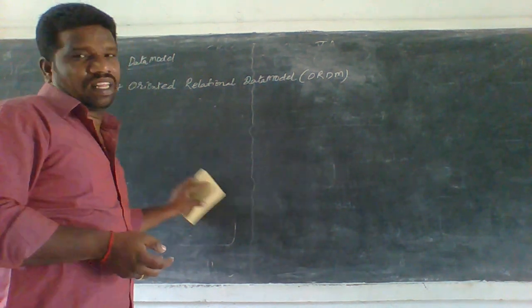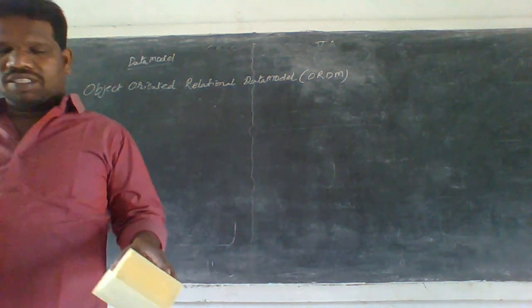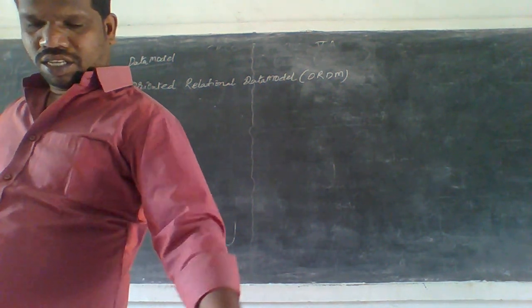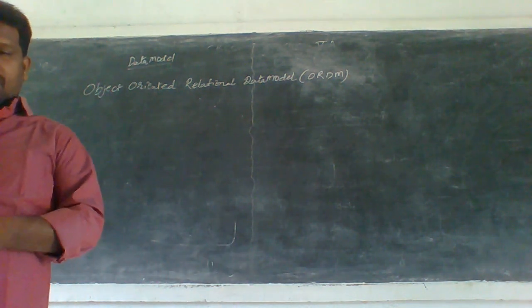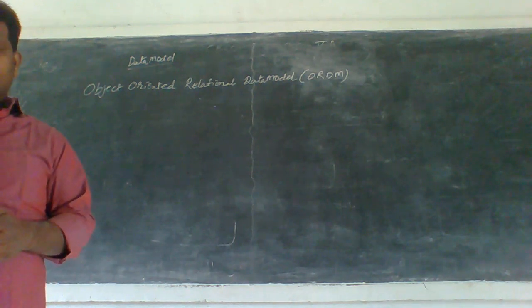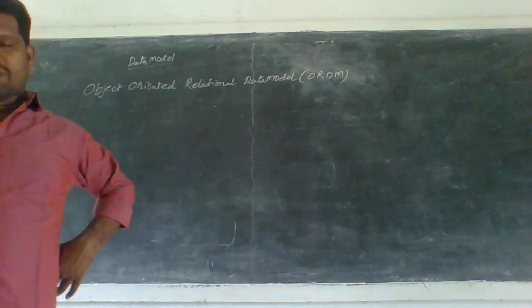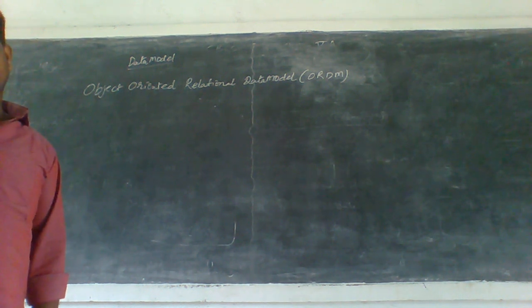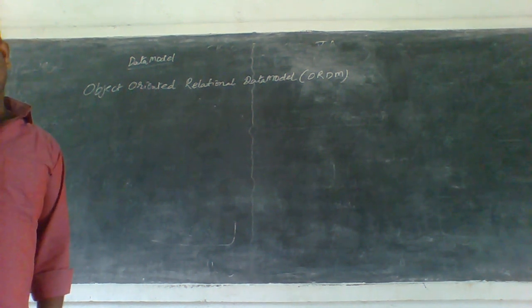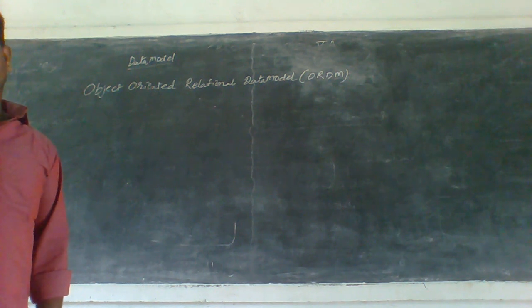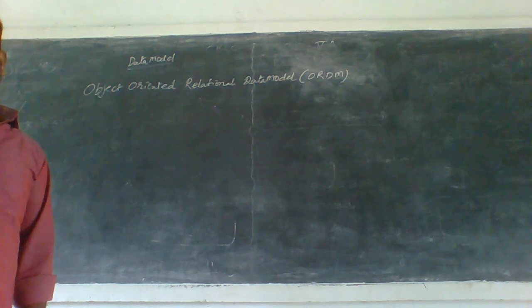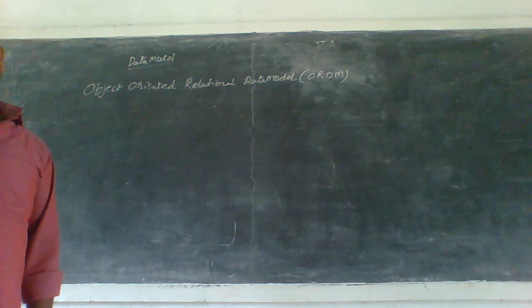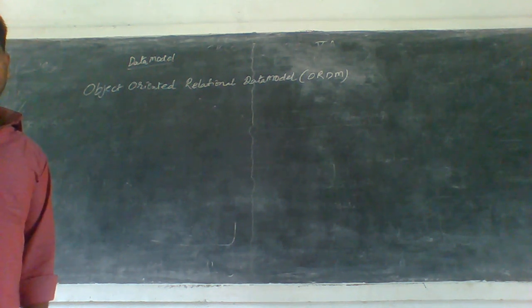Now I would like to tell the topic of the relational data model. An object shares the similar characteristics of the class. The class is inherited by the attributes and methods. A class hierarchy in the object oriented relational data model is in the format of an upside down tree.